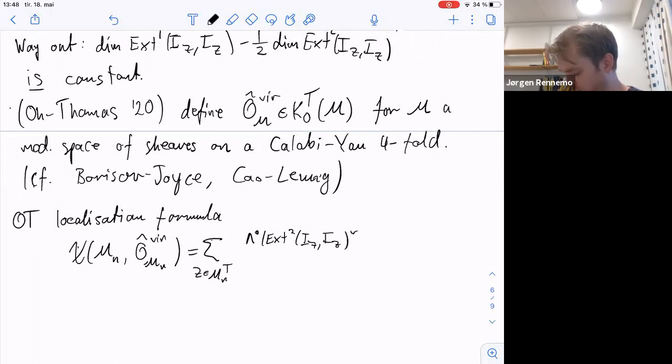So it looks pretty similar, except for two points.